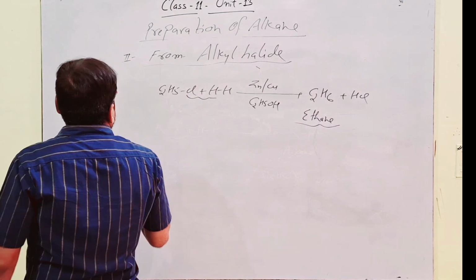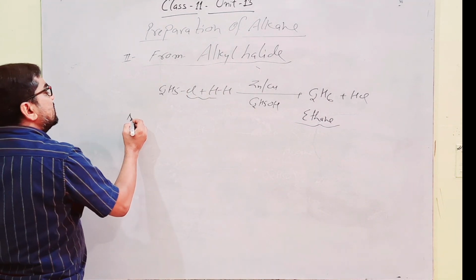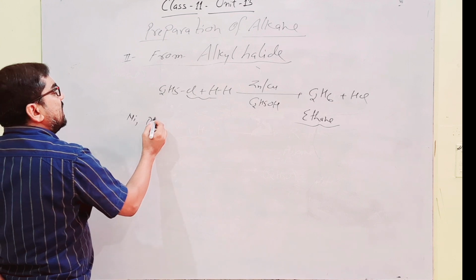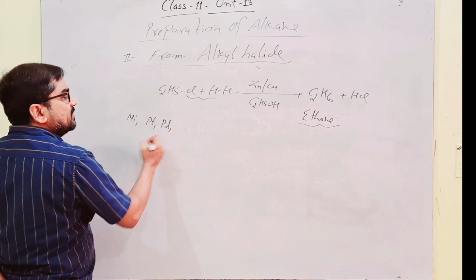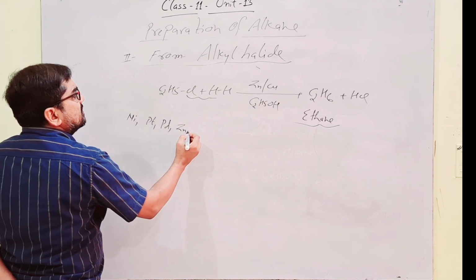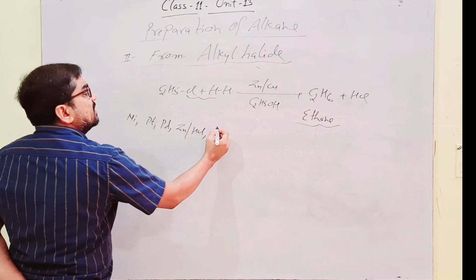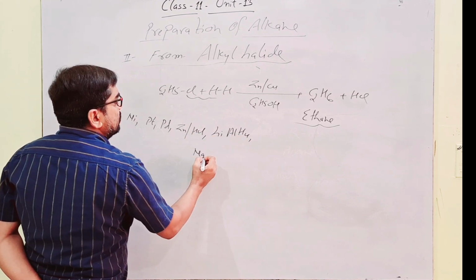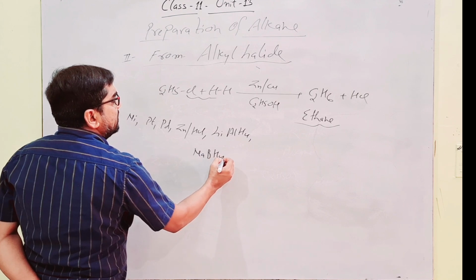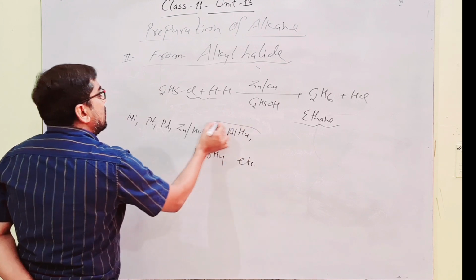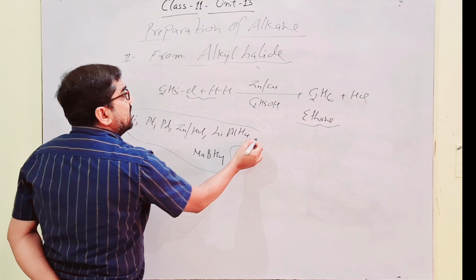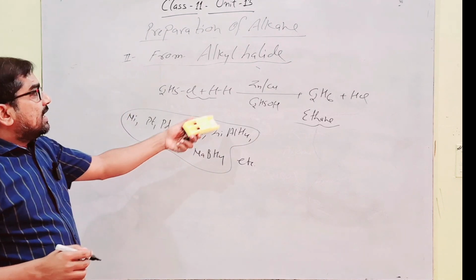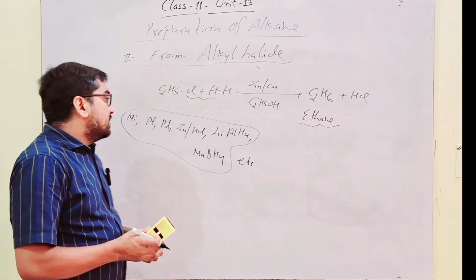Some other reducing agents can also be used here, like nickel, like platinum, like palladium, like Zn/HCl, like lithium aluminum hydride, like sodium borohydride, etc. These are all reducing agents and reduce alkyl halide into alkanes finally.